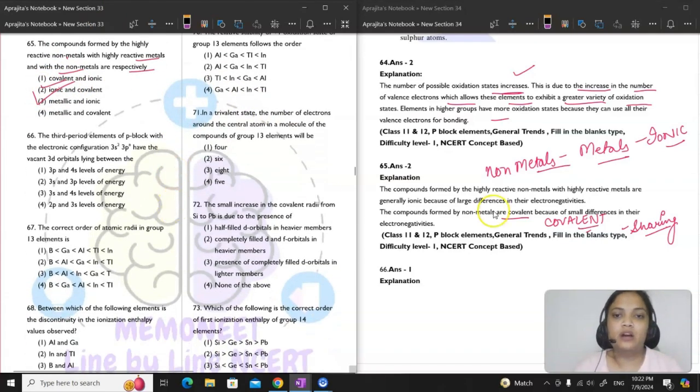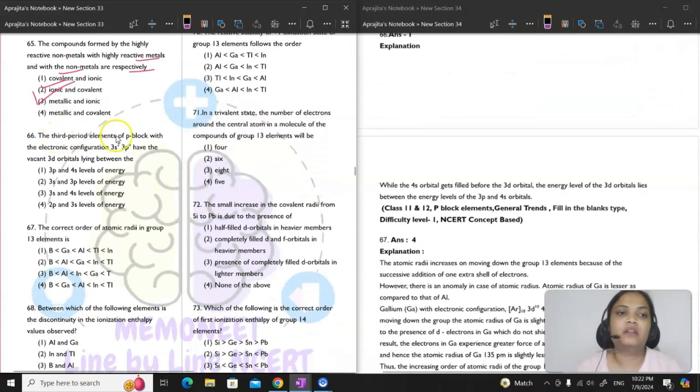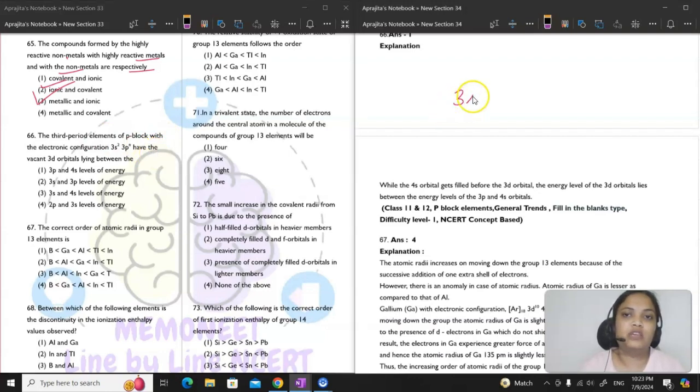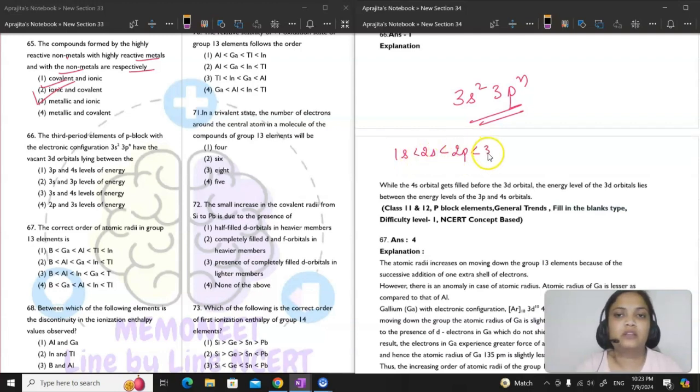Now question number 66. Third period elements of p block with electronic configuration 3s2 3pn have vacant 3d orbitals, and those 3d orbitals lie between which energy levels? I hope you know about the energy levels, right? The order is 1s, then 2s, 2p, 3s, 3p, then 3d and 4s.